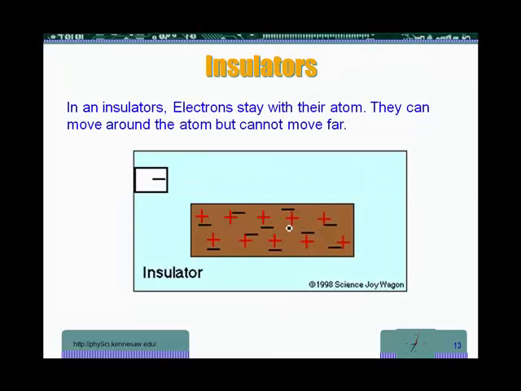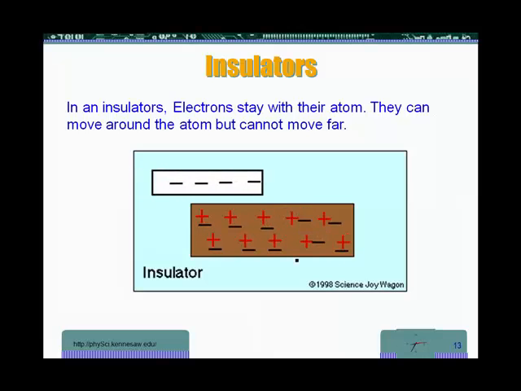In the case of the insulators instead, you notice here the electrons actually move, but they move in place within the atom. So when we approach the negative charge, you see the electrons move to the opposite side of the atom from that negative charge. And then in the next layer, the electrons are going to be repelled again.